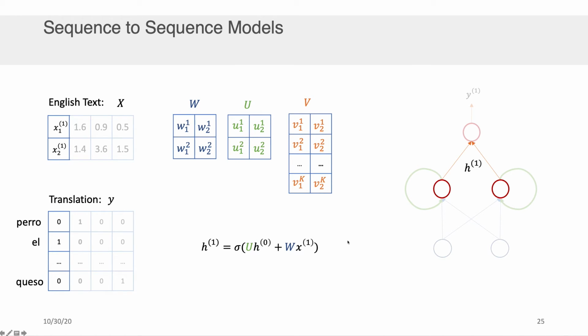Now, a more compact way to write this out using matrix algebra or linear algebra notation is to simply write the matrix multiplication of U, this matrix up here, with our previous value of the hidden state, plus W, which again relates our inputs, times the current input x, as a representation of the next hidden state information.